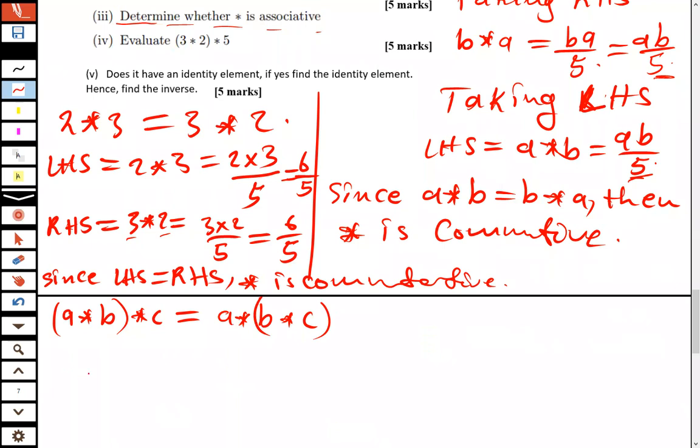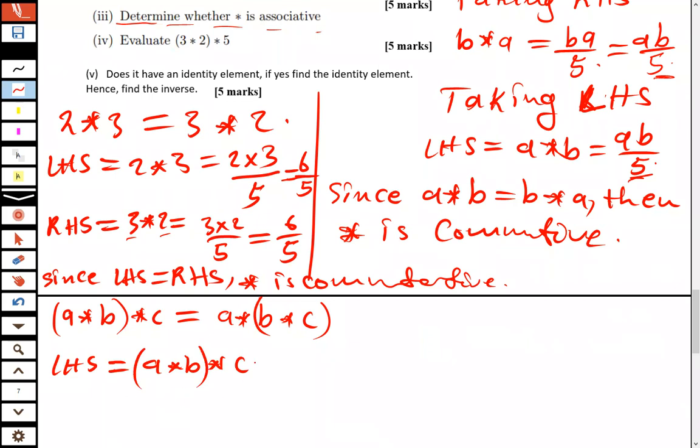So on the left-hand side, let me just take it the way it is supposed to be. So the left-hand side is equal to A star B star C in these brackets.